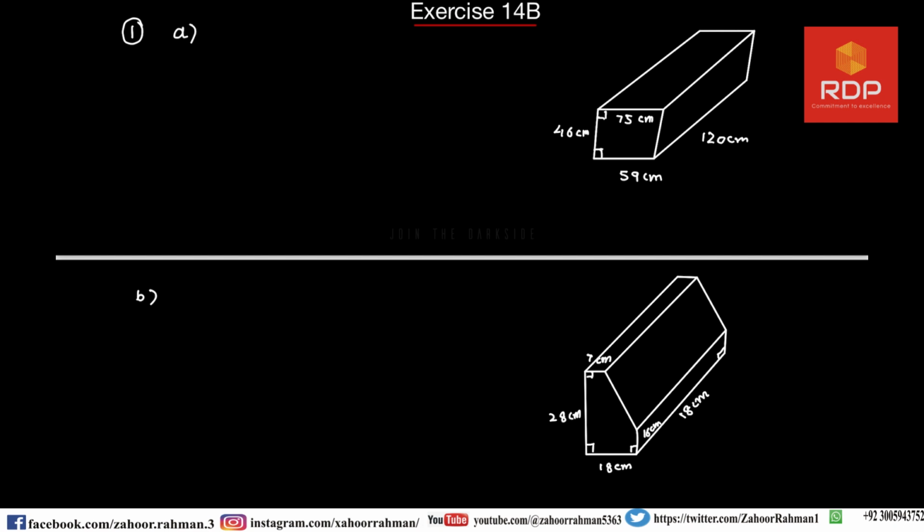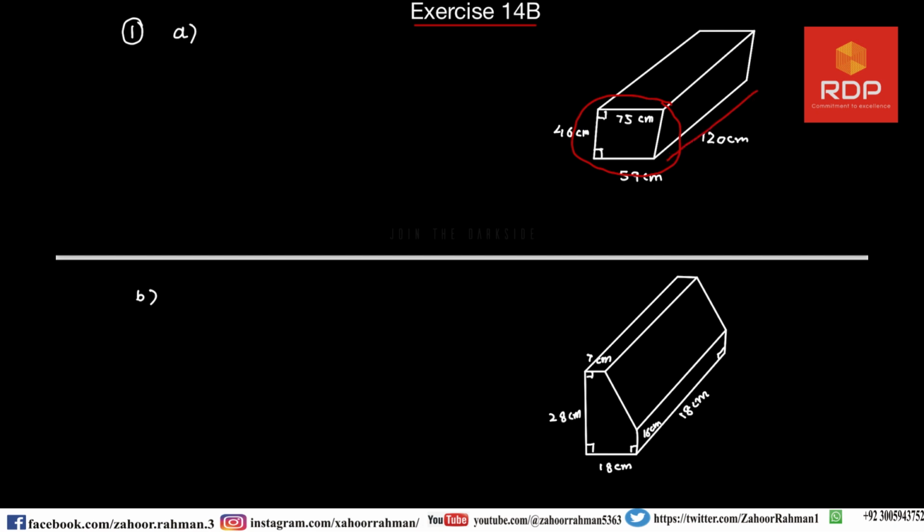So in this case this is a base, this is a base, and whatever is suitable for you, you can take that base. Keep in mind that whatever dimension is available, you can take that as the base. In this case we are taking this as the base and this as the height.